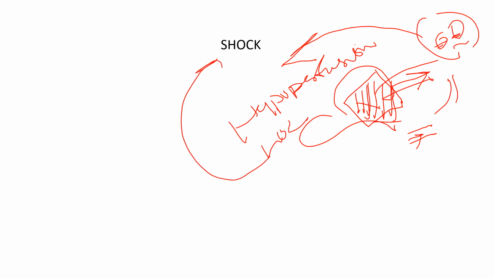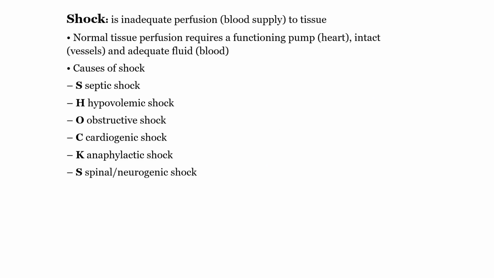So decreased blood supply to the brain will lead to hypoperfusion and loss of consciousness, in other words, will lead to shock, a sudden shock. So shock is a state of hypoperfusion.